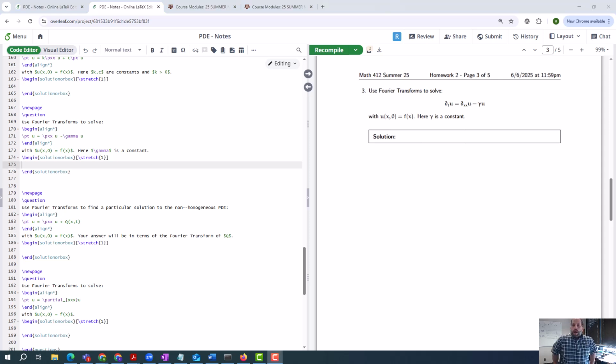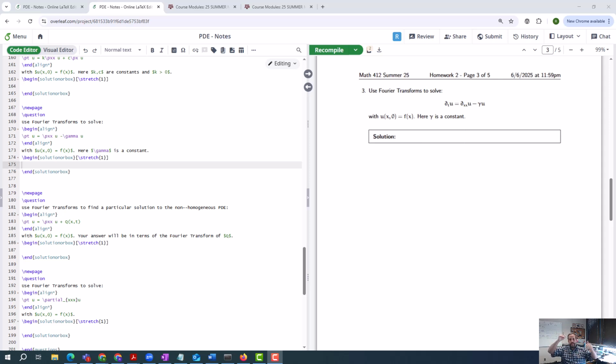Okay, so I think this models a situation in which the system is actually losing heat.